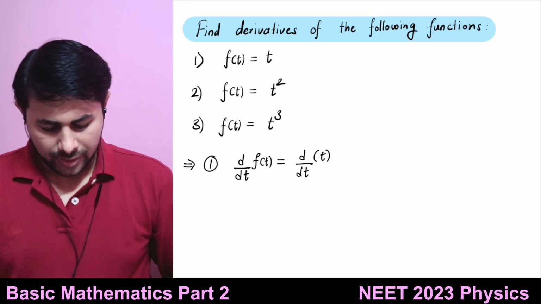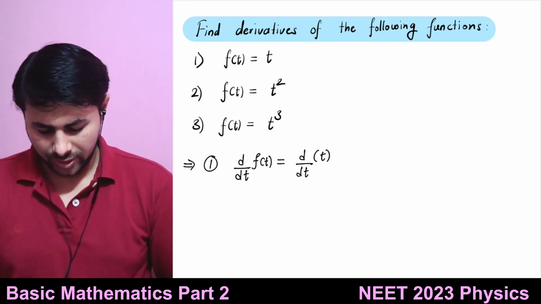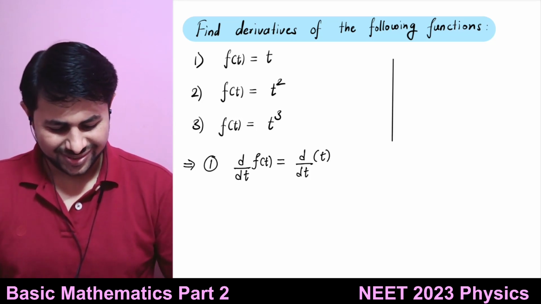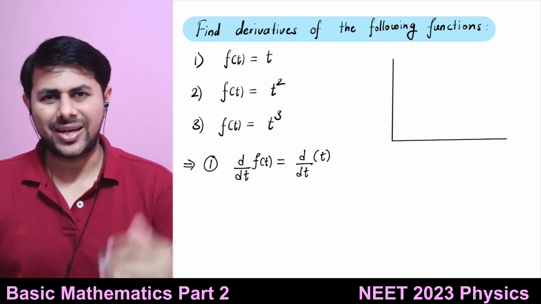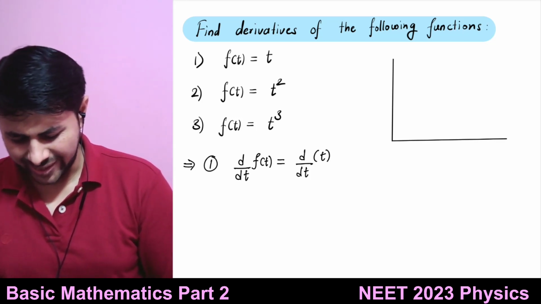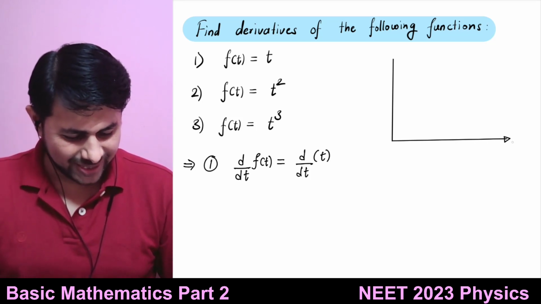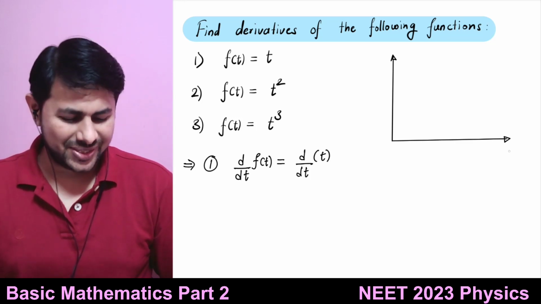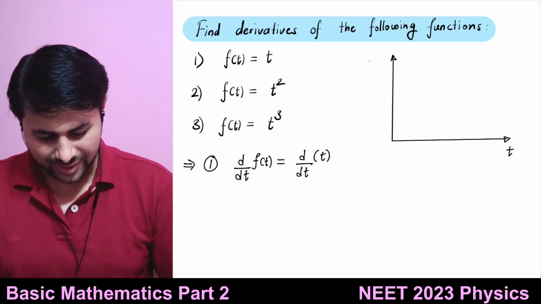So how will this graph look? On the t versus f of t graph, on the horizontal axis I have t, and on the vertical axis also I have t.